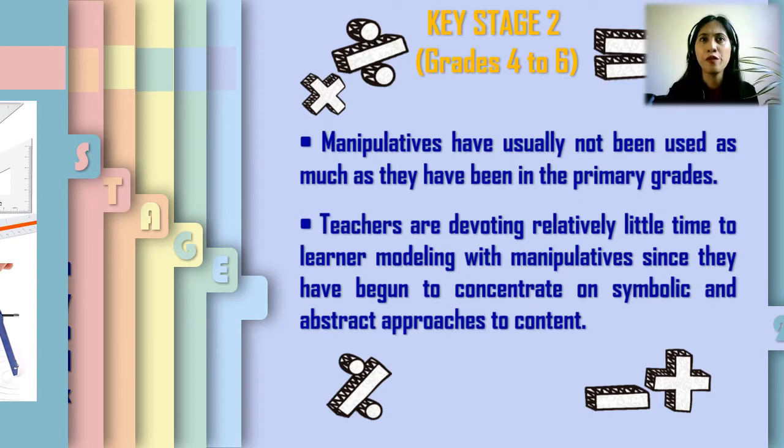It is common for teachers teaching grades 4 to 6 to think that once initial ideas of number and shape have been established with concrete materials in the lower grades, the materials are no longer necessary and a more symbolic approach is preferable.